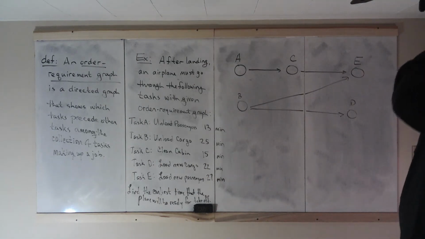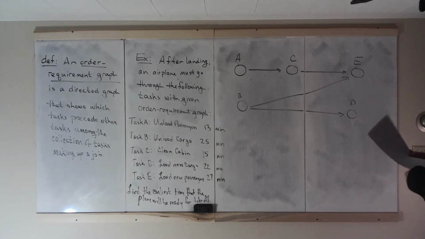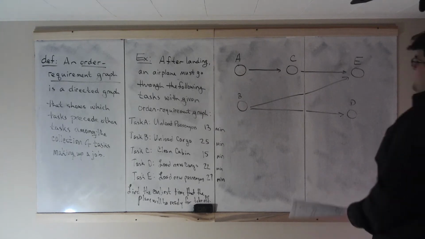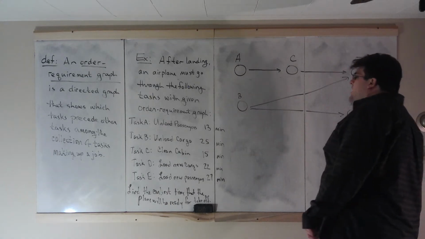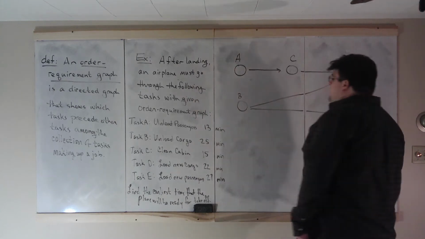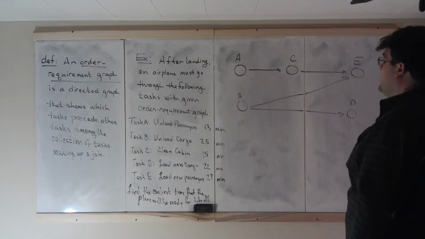So let's look at an example. These graphs are going to look slightly different, just to make sure all of the information is there. This example is from the textbook. After landing, an airplane must go through the following tasks with given order requirement graph. Task A, unload passengers, takes 13 minutes. Task B, unload cargo, takes 25 minutes.